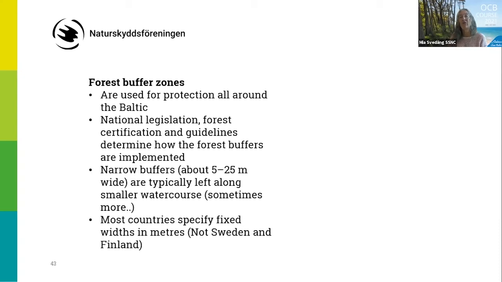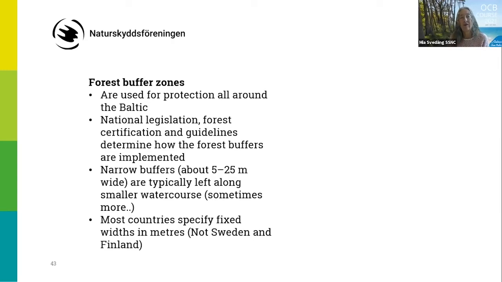And if you look at forest buffer zones, they are used quite commonly for protection all around the Baltic. Different national legislation or forest certification and guidelines determine how the forest buffers are implemented.